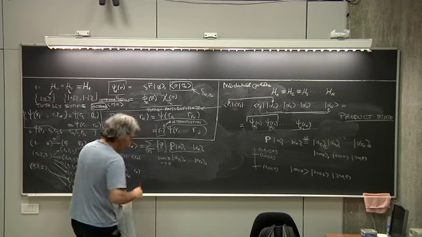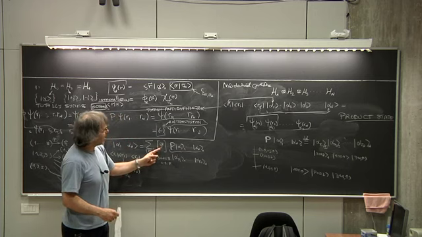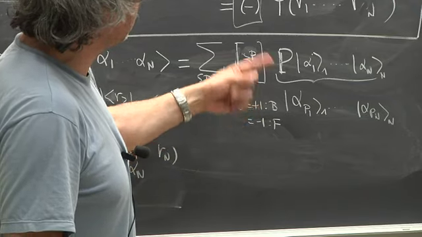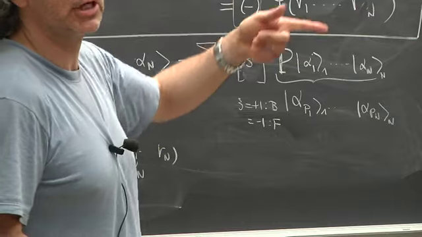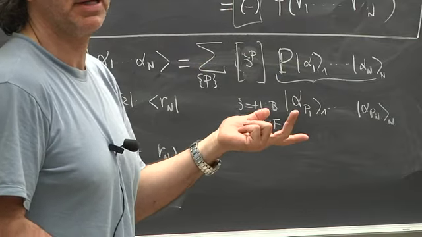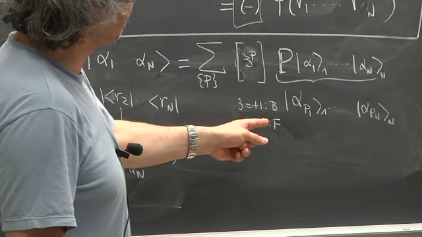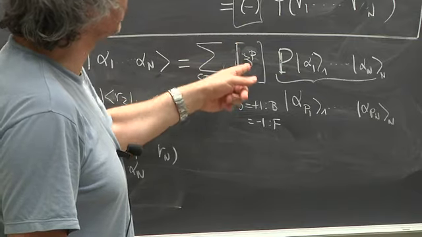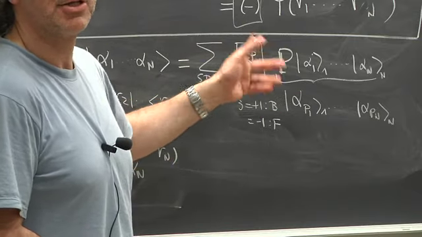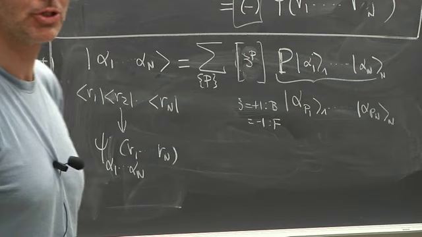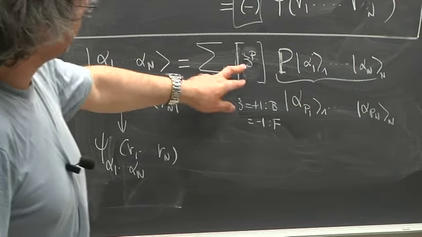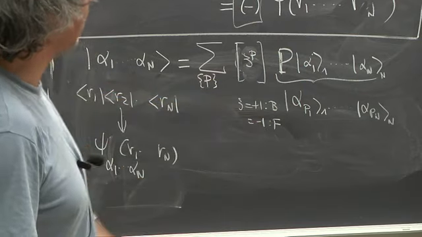Okay? In other words, if I take +1 to the power of the number of transpositions, it always remains a +1, while if I take -1 to the number of transpositions, it is the appropriate number for the fermions. So I can combine them into a single thing where psi, however, is +1 or -1.